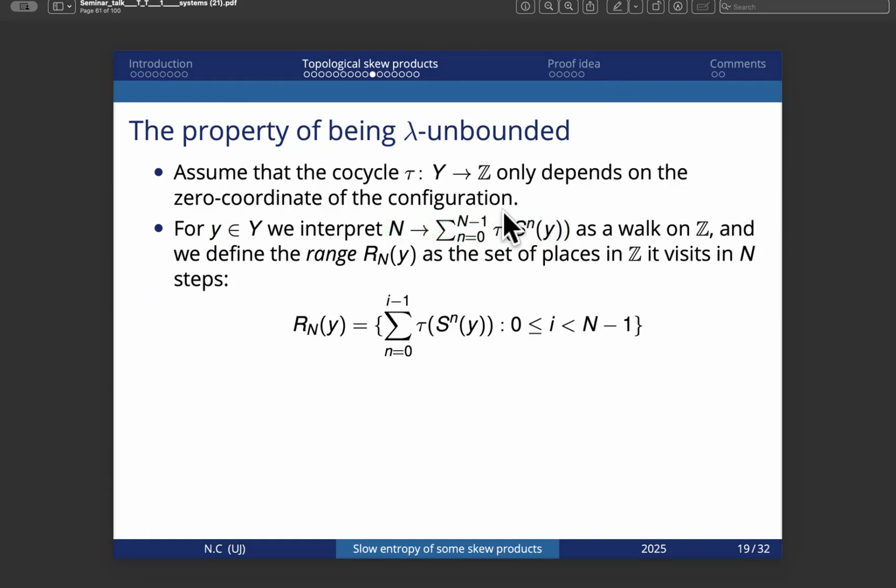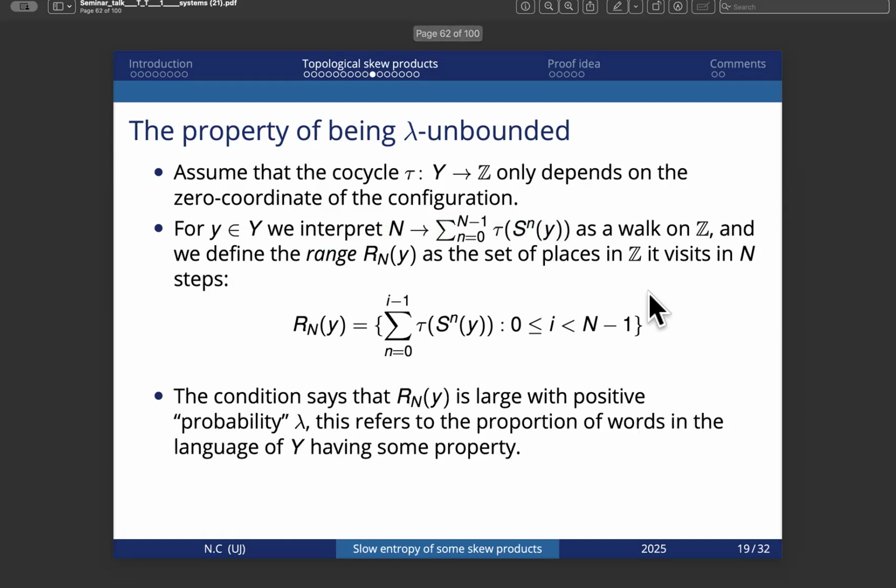So after we look at this sum as a walker, we can define the range as the set of points that our walker visits in n steps, formally this expression. So the condition that we need says that this range is large, often with some positive probability.